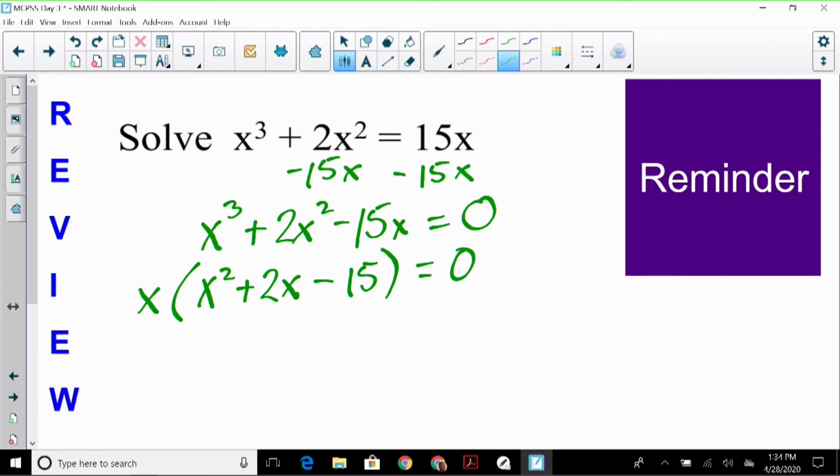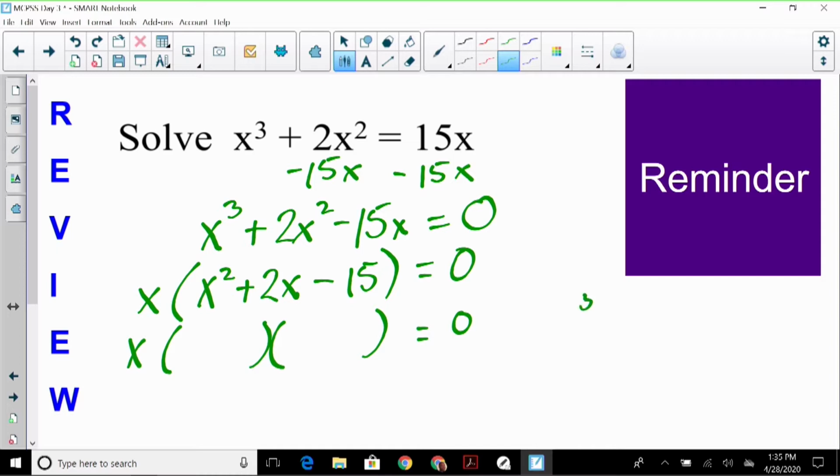Because it's negative, one of the values will have to be a negative. So we keep that x, bring it down. We need two numbers that multiply to give us negative 15 and add to give us 2.